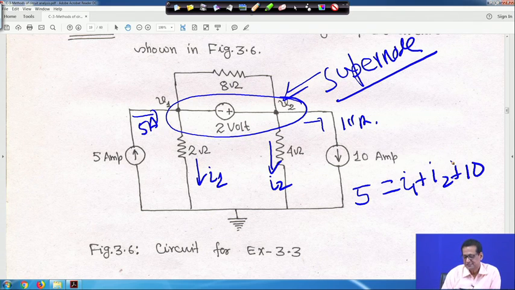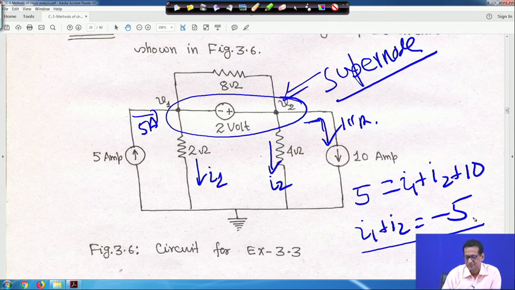I1 is leaving the super node, I2 is also leaving, and the 10 ampere current source is also leaving, because its arrow points downwards, while the 5 ampere arrow points upwards, so it is entering. Therefore, I1 plus I2 is equal to minus 5.